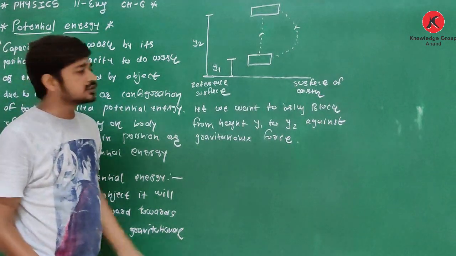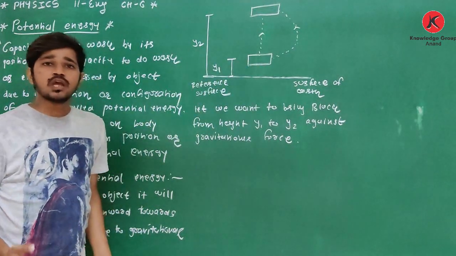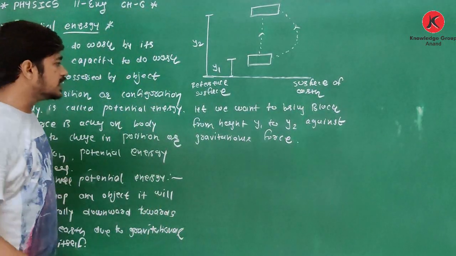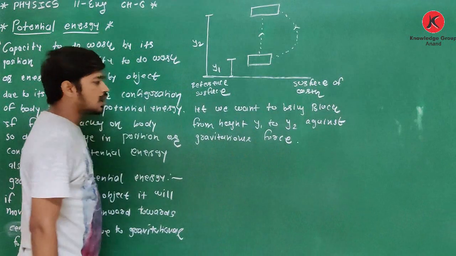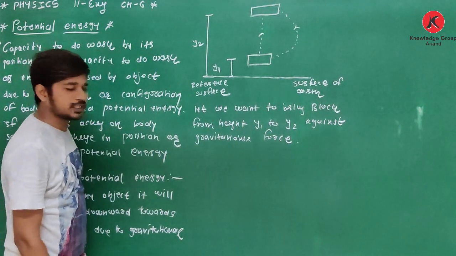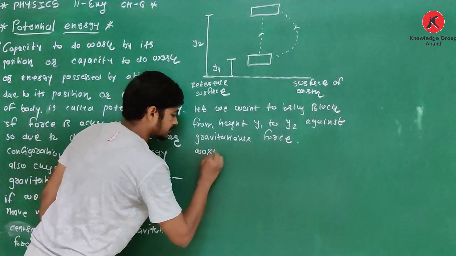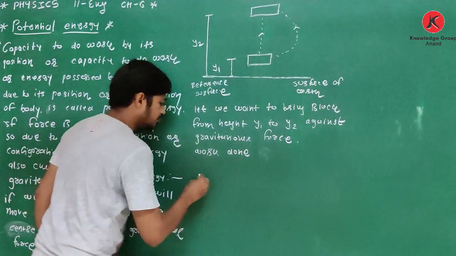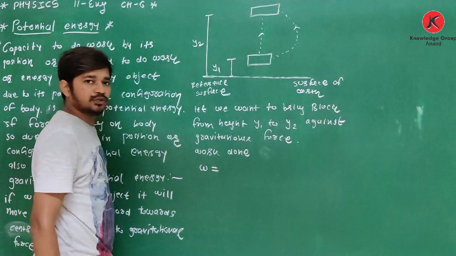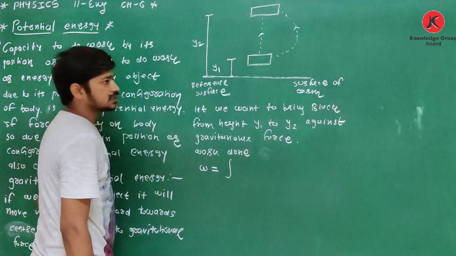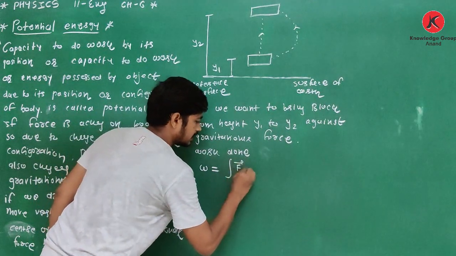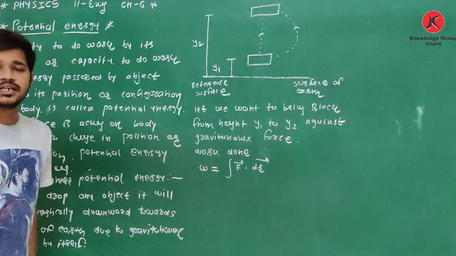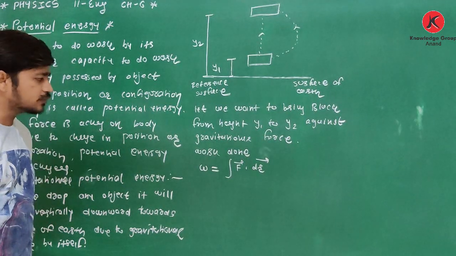So yes, this block will not move by itself. We have to do some work. If we want to bring the block from height y1 to y2 against gravitational force, the work done W is equal to the integration of F dot dr. Clear about this equation?